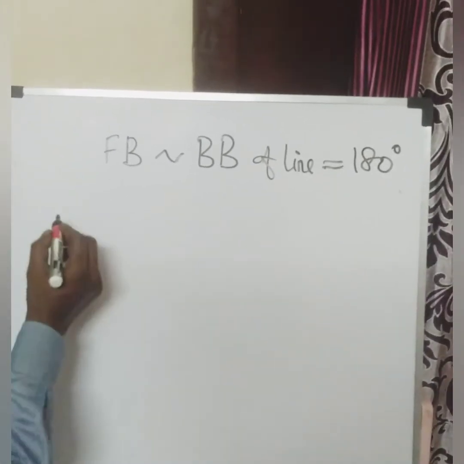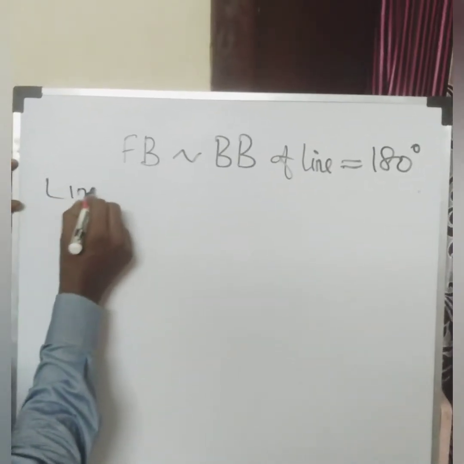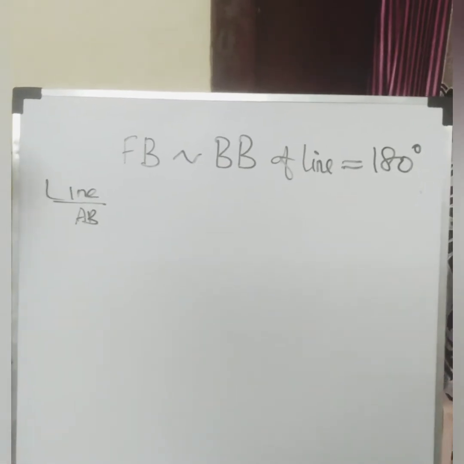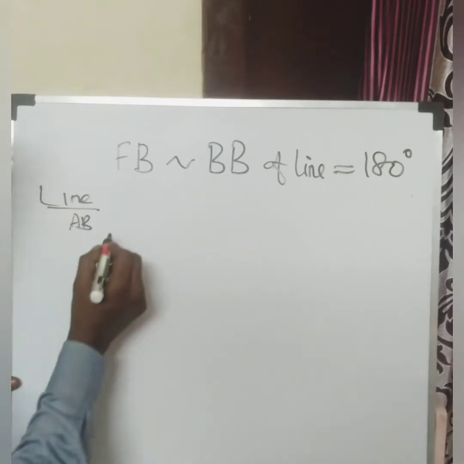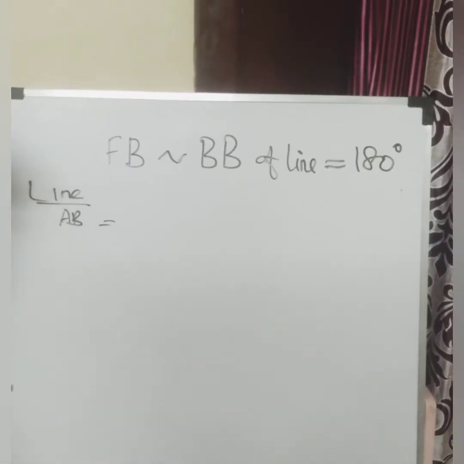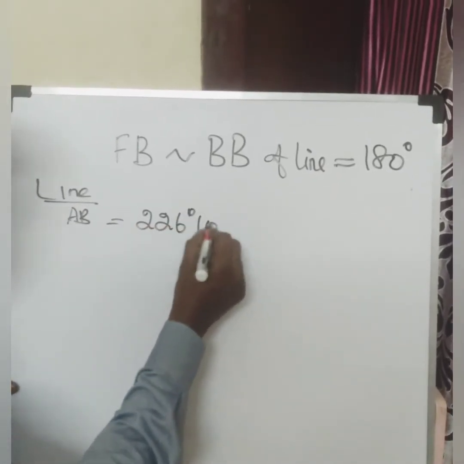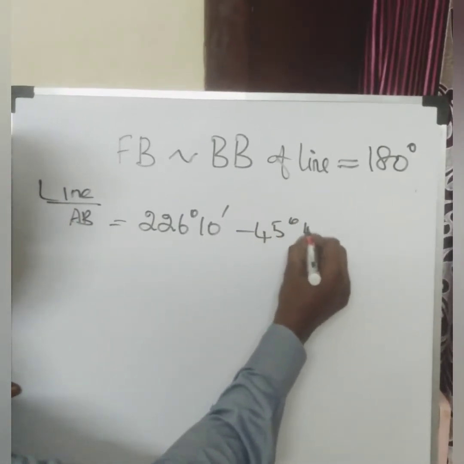Line AB. See the observed bearing. The forebearing is 45 degree 45 minutes. Back bearing 226 degree 10 minutes. The difference between these two is 226 degree 10 minutes minus 45 degree 45 minutes.